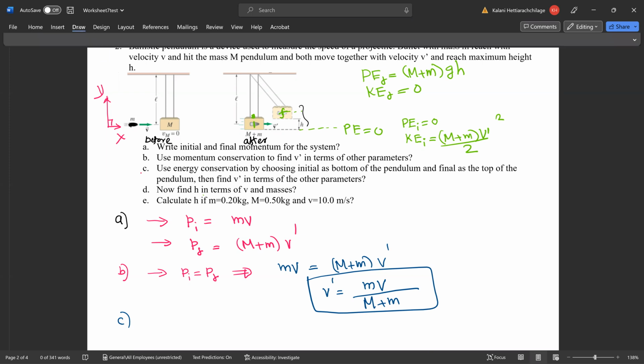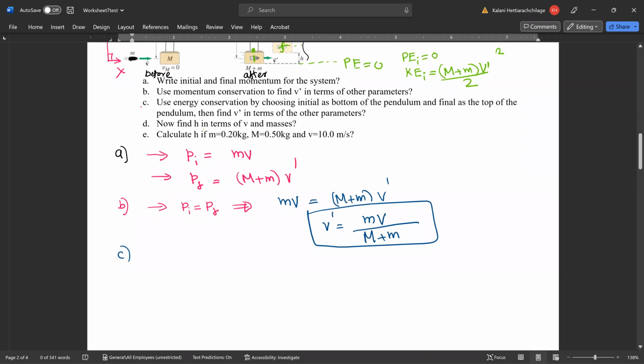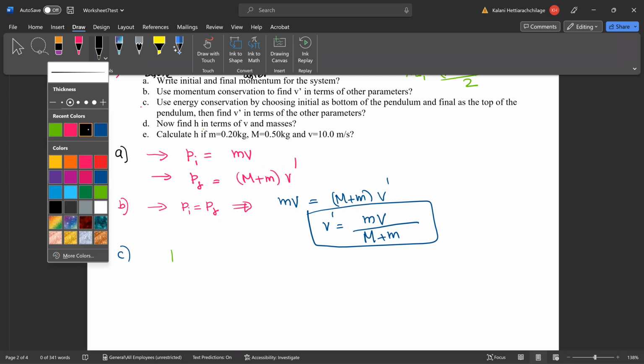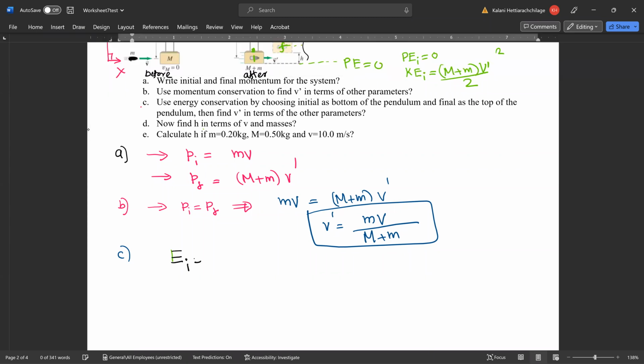So now we're going to write that in the bottom. We will write E initial. E initial is equal to potential energy initial plus kinetic energy initial. As you can see, that will be M plus M over 2 and V prime squared. And E final, we have both kinetic energy and potential energy.